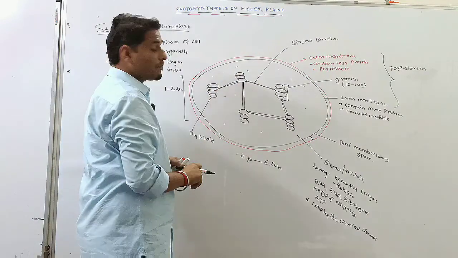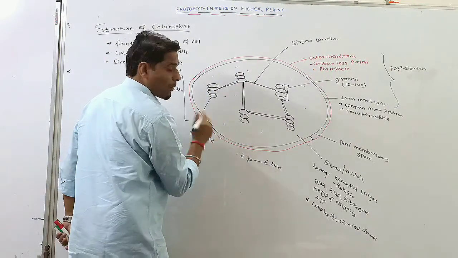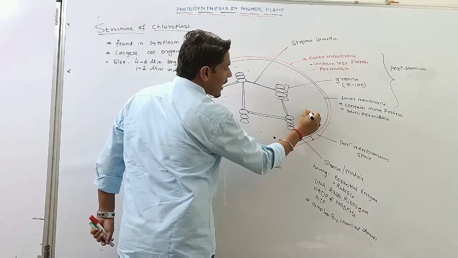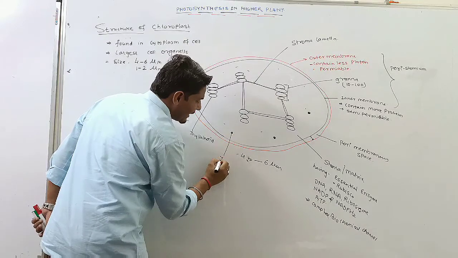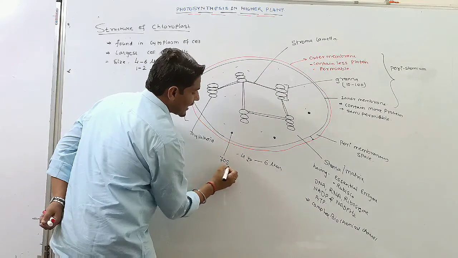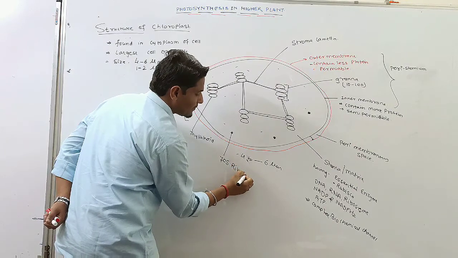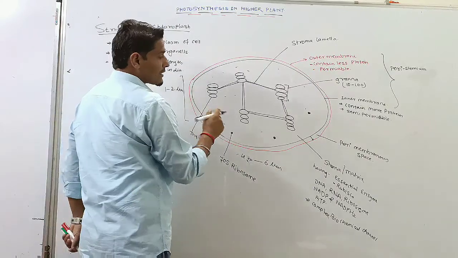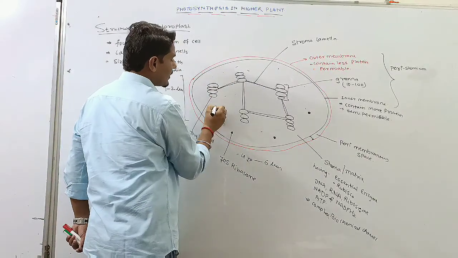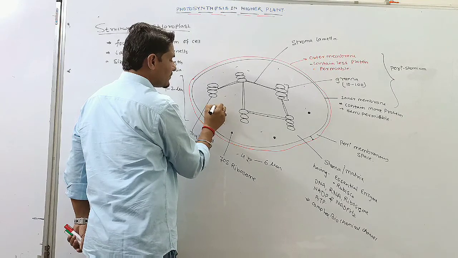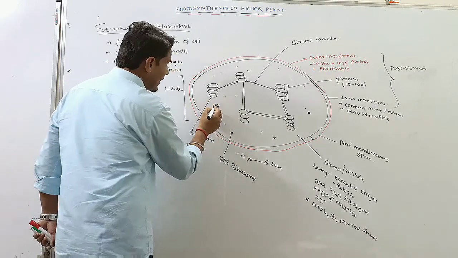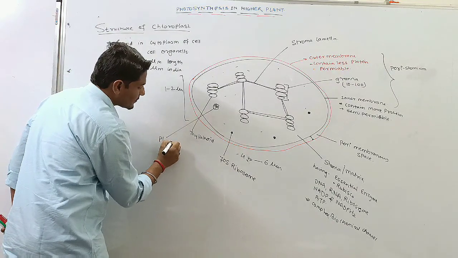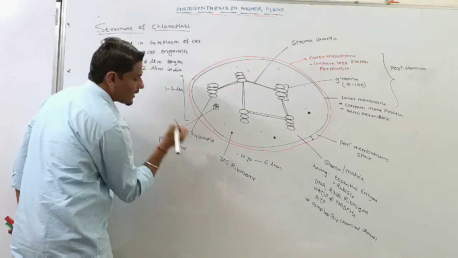In the matrix or in the stroma, ribosomes are present, but 70 S type of ribosome. Okay, in the stroma, circular DNA is present. Okay, so circular DNA is nothing but plastidome. क्या बोलते हैं सर्कुलर डीएनए को?